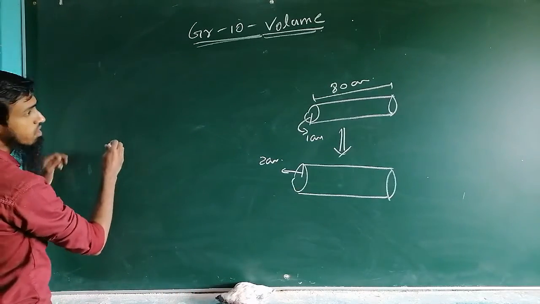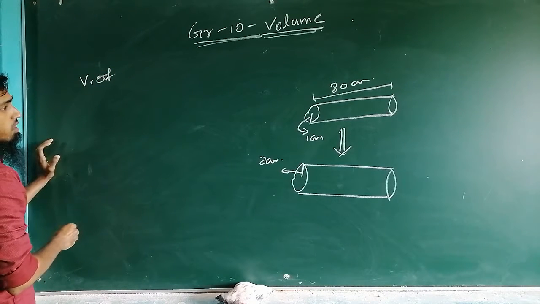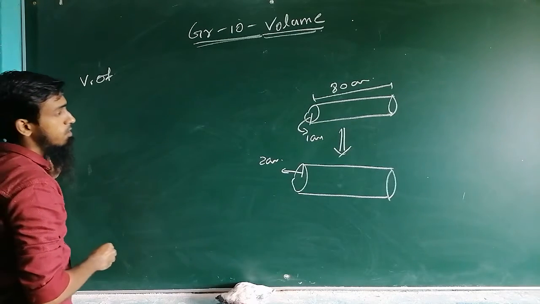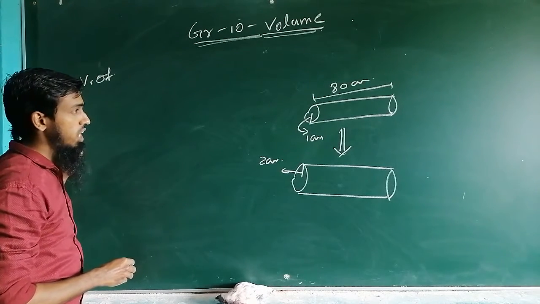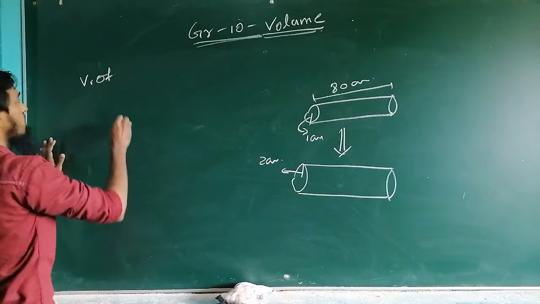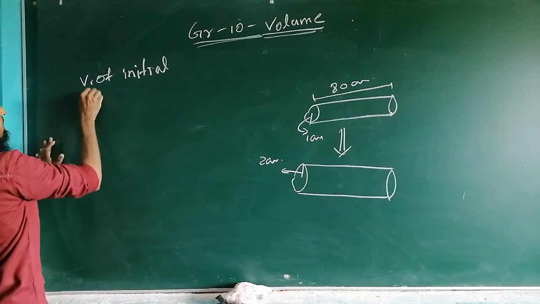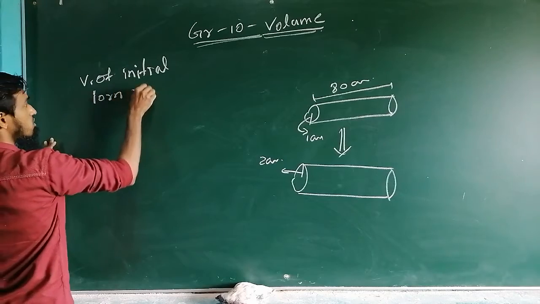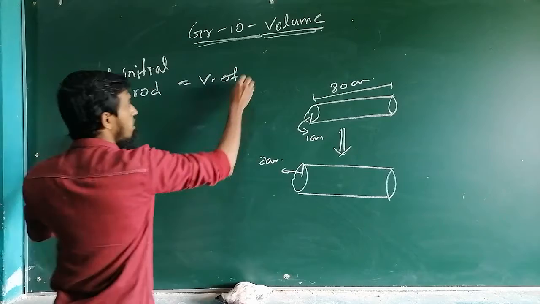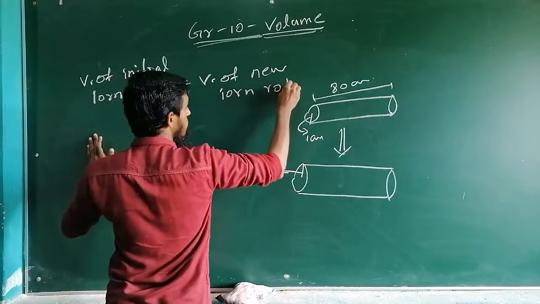So volume of initial iron rod is equal to volume of new iron rod.